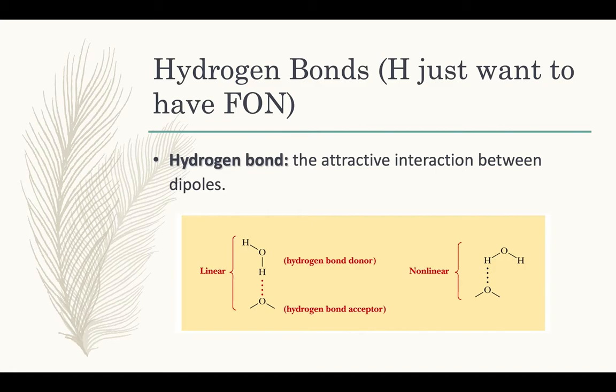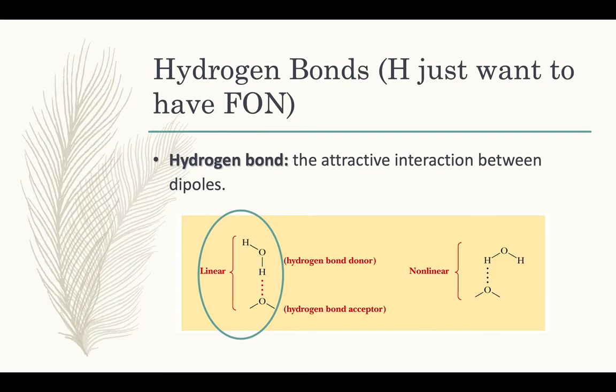So why is hydrogen bonding important, and how does it work? When hydrogen is covalently bonded to your F, O, and N, the partial positive charge that occurs in your hydrogen atom can interact with another electronegative atom, specifically your F, O, and N. Now, all three atoms, as shown on the left side of the picture, lie in a straight line, which forms a hydrogen bond.